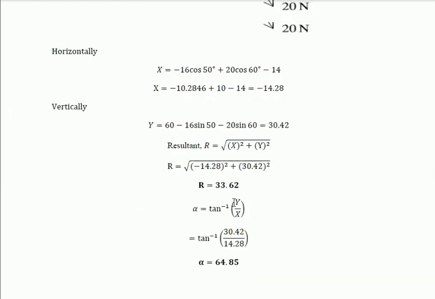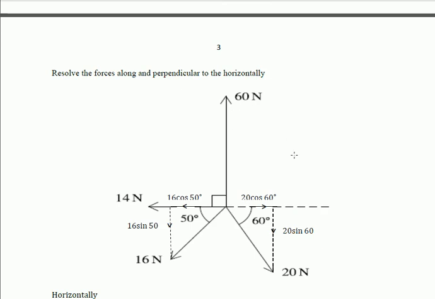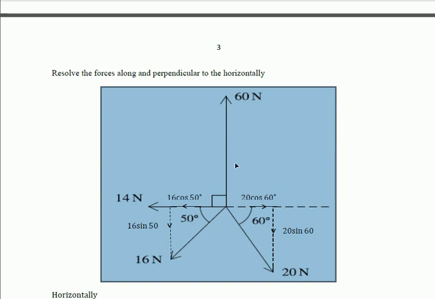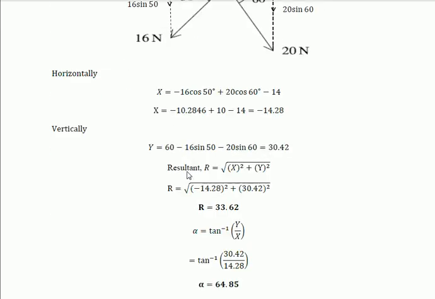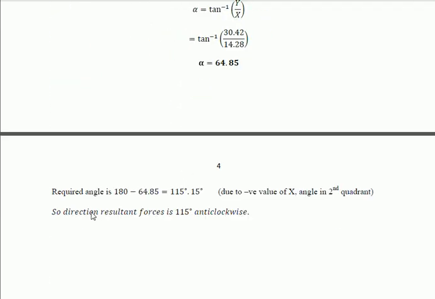The direction will be in the anti-clockwise direction, and our terminal will be in the second quadrant. So the summary is: the direction of the resultant force is 115 anti-clockwise.